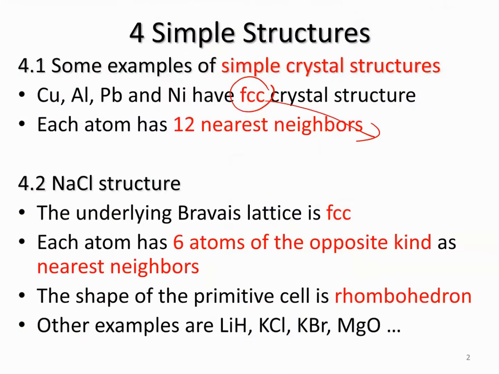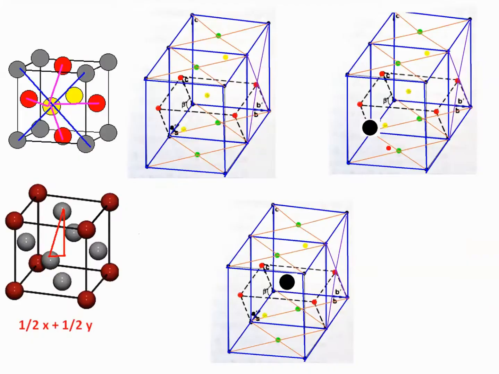Just now I told you that copper, aluminum, lead, and nickel have 12 nearest neighbors. How do we calculate the 12 nearest neighbors? This is a face center cubic.